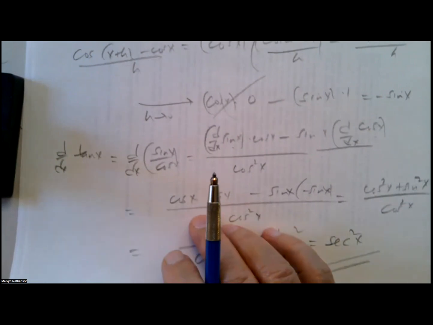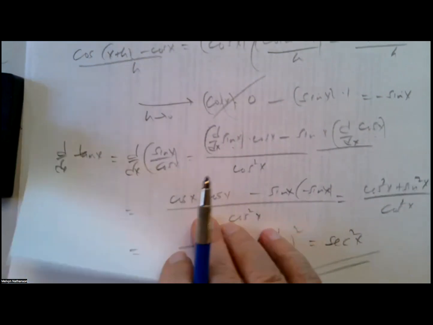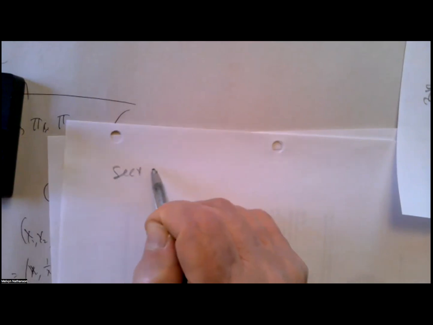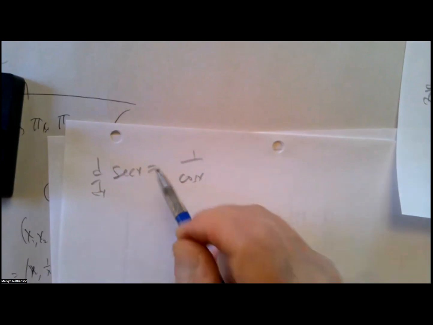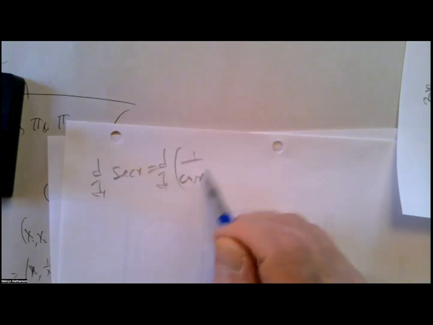Let's compute the derivative of the secant. That's kind of fun. Remember, the definition of the secant x is 1 over the cosine. So the derivative of the secant is the derivative of 1 over the cosine.